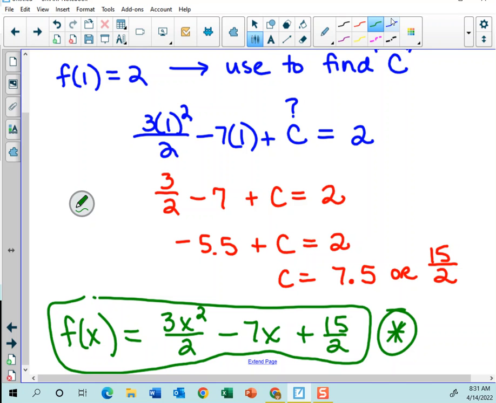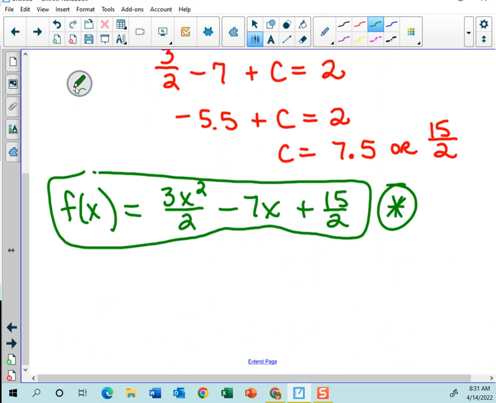The second step, though, is how to use the antiderivative and the given information to then calculate the C. F of 1 equals 2, that means this is the input, this goes in for your x's or whatever your input variable is, this is what it's equal to, so 1 substituted in equals 2, and we figure out 7.5 for C, and then put it all together in an equation.